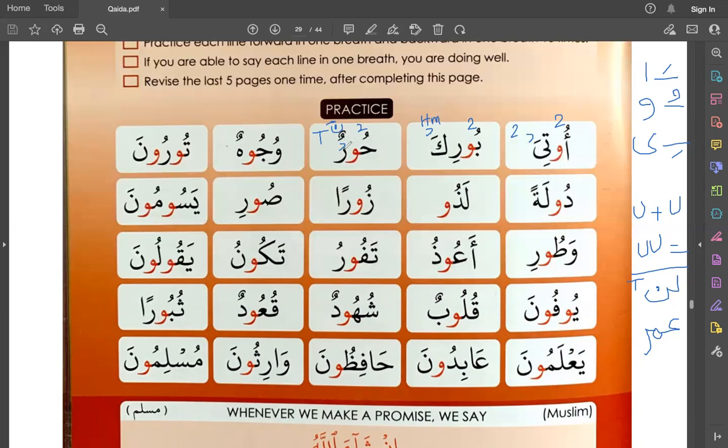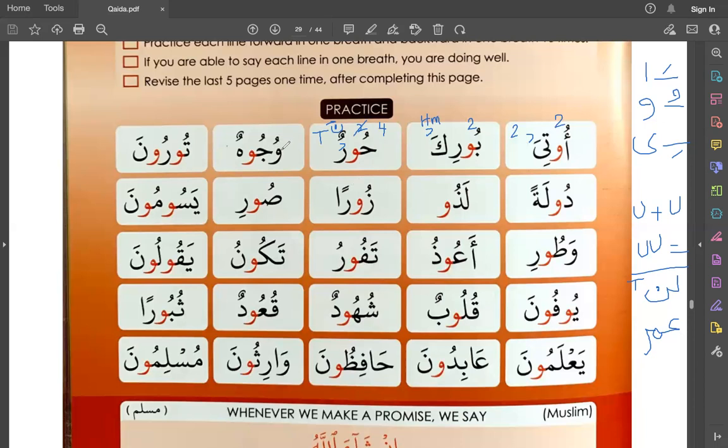This temporary sukoon will not tolerate the two counts sound, but it will change it into four counts. And this is called mad arid lisukun.